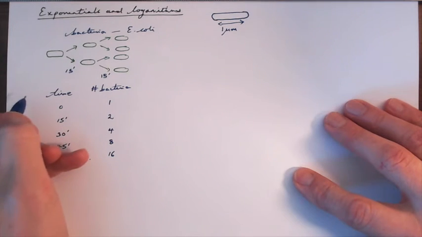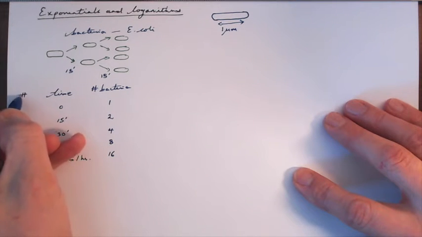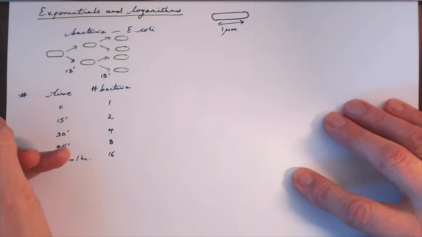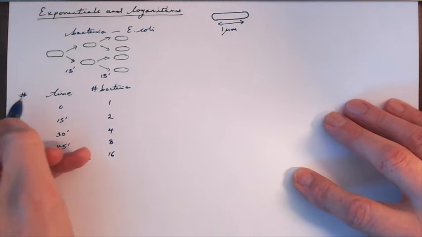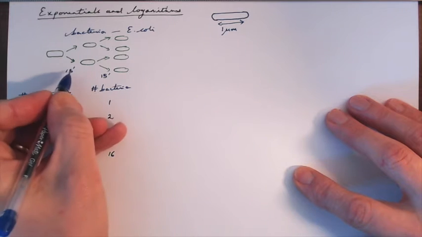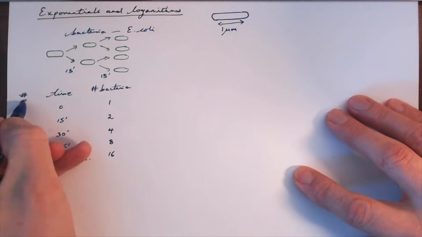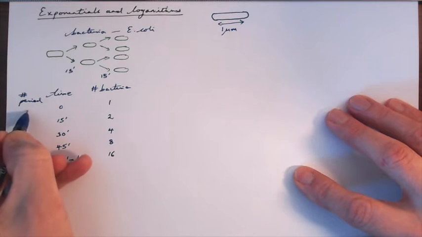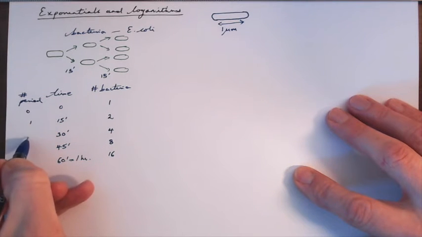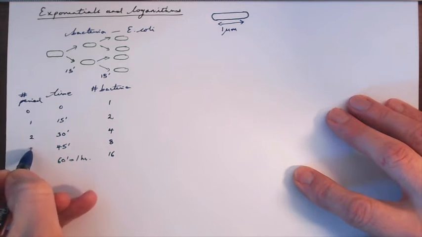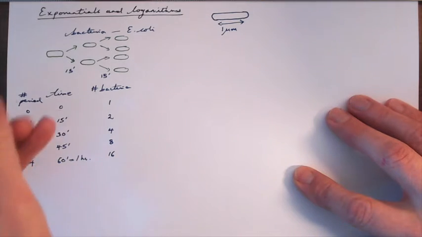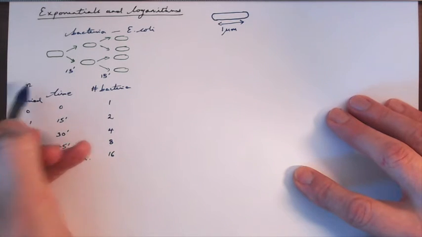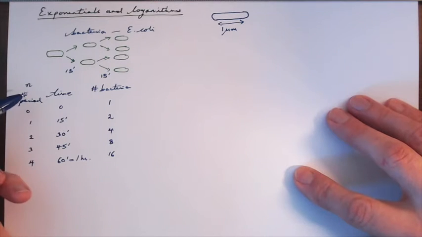Now let me also just label here the number of time periods. So I want to define one time period to be 15 minutes. That's sort of the doubling time. So that would be an easy way for us to just keep track of this. And for the sake of argument, let me call that n, the number of doubling periods.